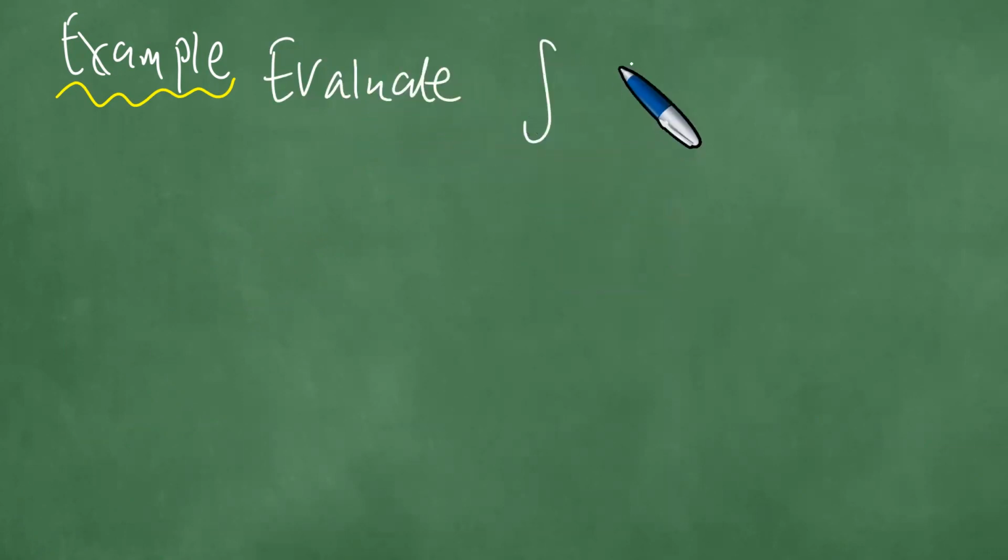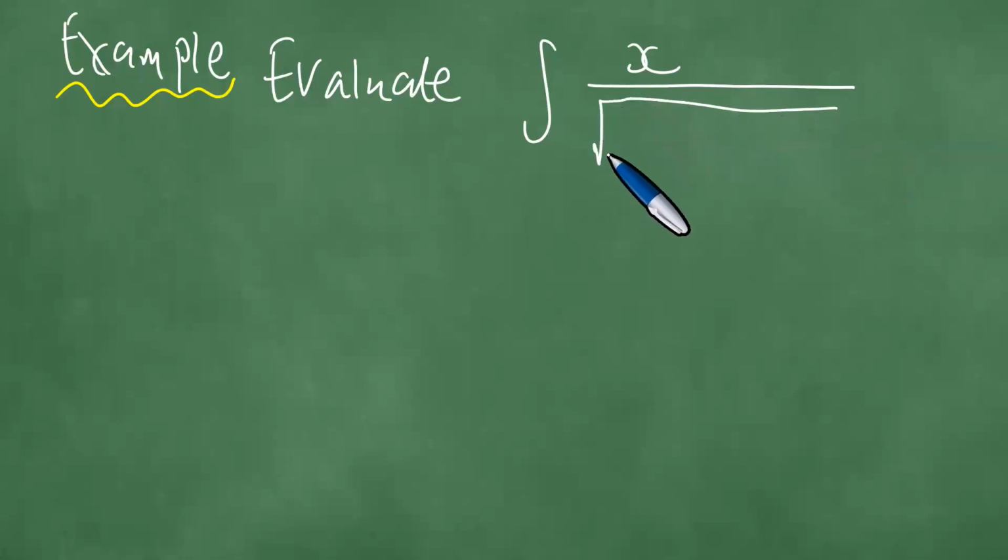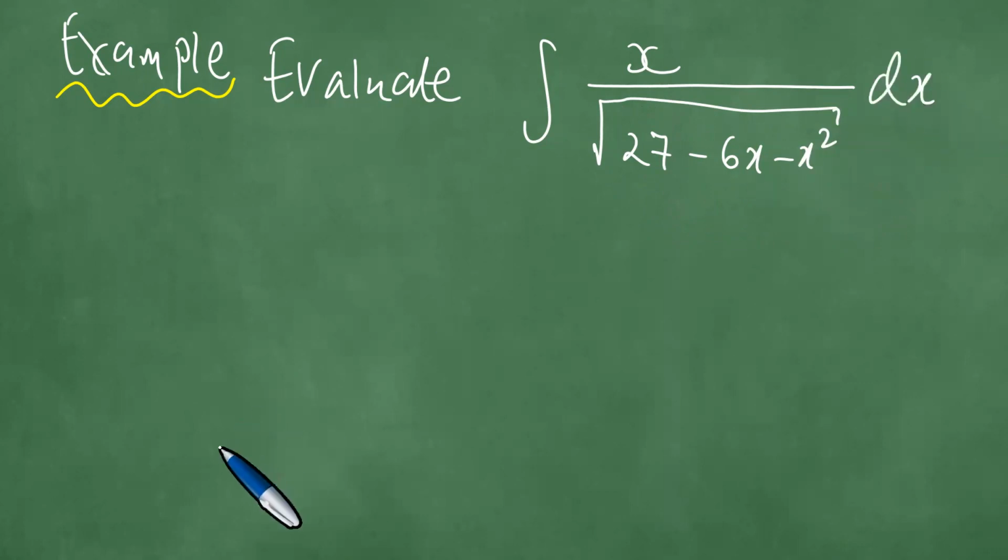Here we need to evaluate the integral of x divided by the square root of 27 minus 6x minus x squared dx. So look at the solution to this just now. Very, very easy question, but we're practicing here.